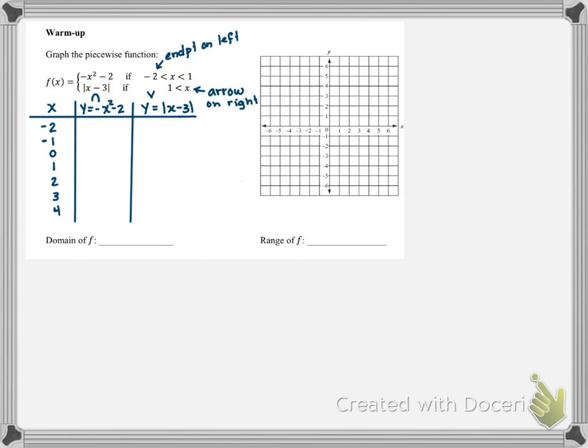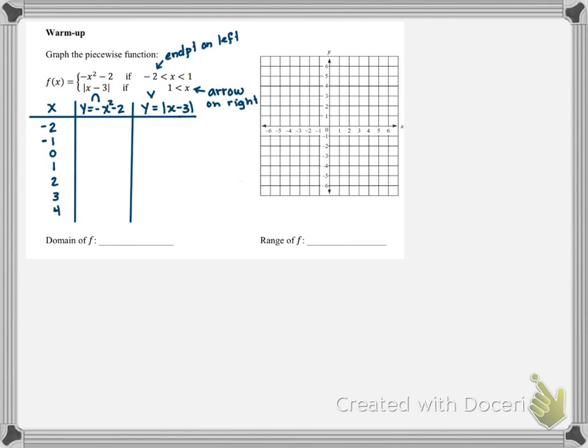If I find points and start plotting them, and that second one doesn't ever become a V, so it doesn't ever turn around, like if I plot this point and this point and this point, then it looks like a straight line. So you have to keep going, adding more points until it turns around so you can see where the bottom of your V is. I always start with 2 or 3 beyond that middle number of 1.